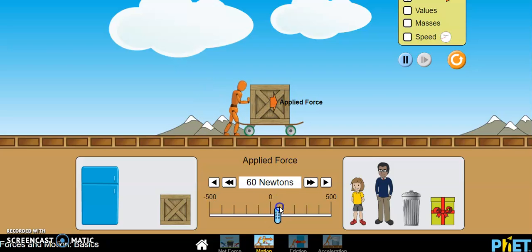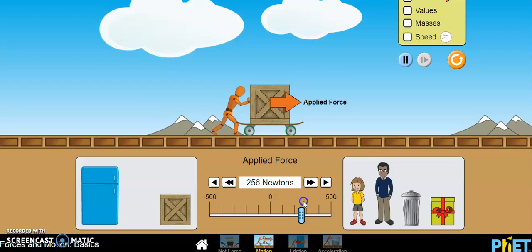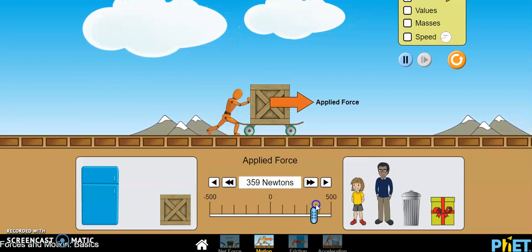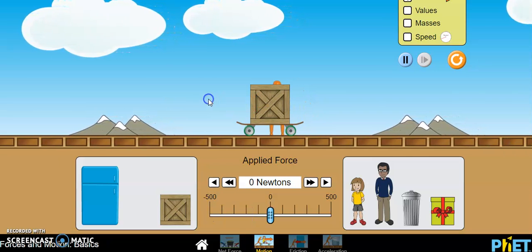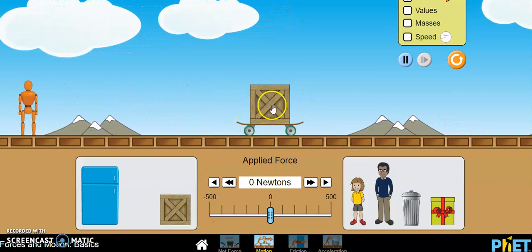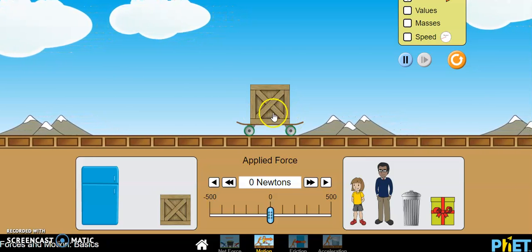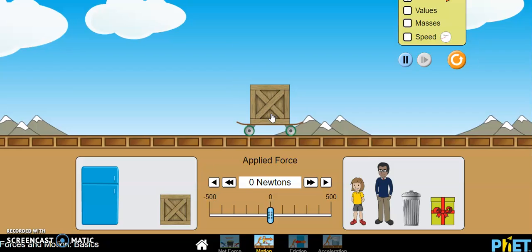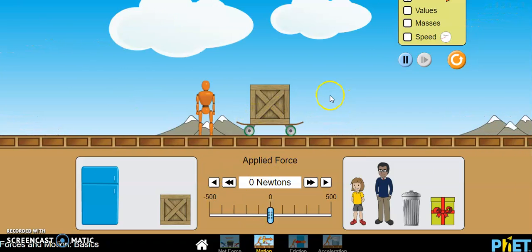So, if I start pushing this object, you can see the object start moving in this way or in this way. So the object was at rest and right now is in motion. This is an example of force.